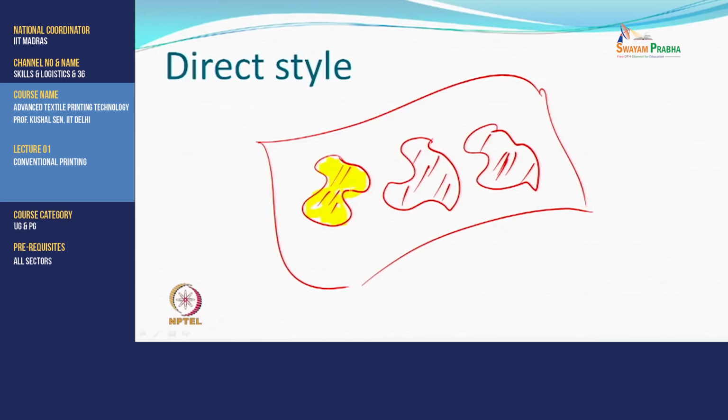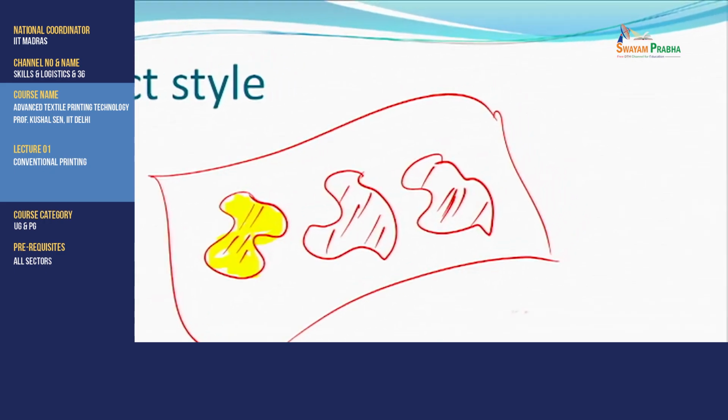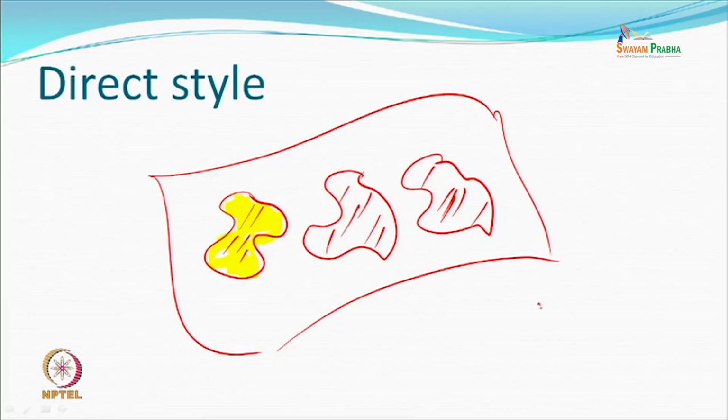Can we print with a direct style on colored fabrics? Yes? Yes. Good. So it doesn't matter, it's a white fabric, grayish fabric, yellowish fabric, bluish fabric, you can just print directly if that is what the design is.